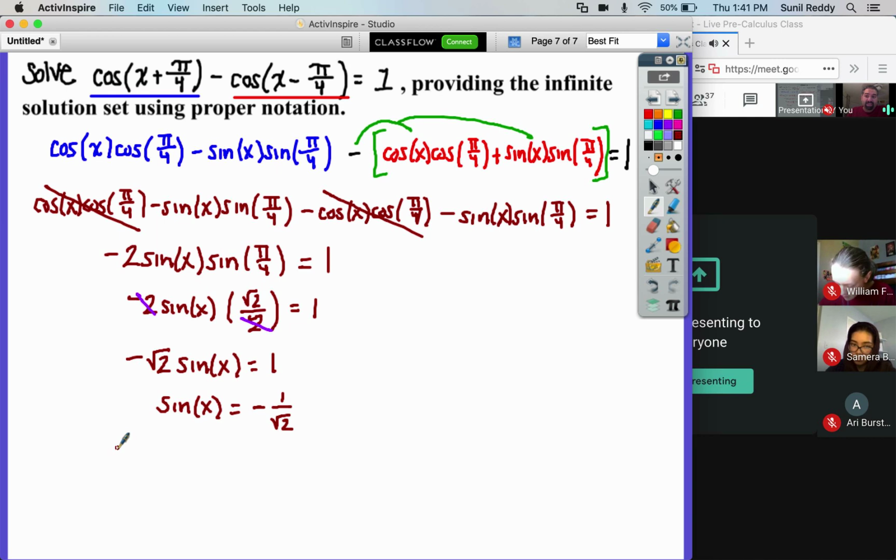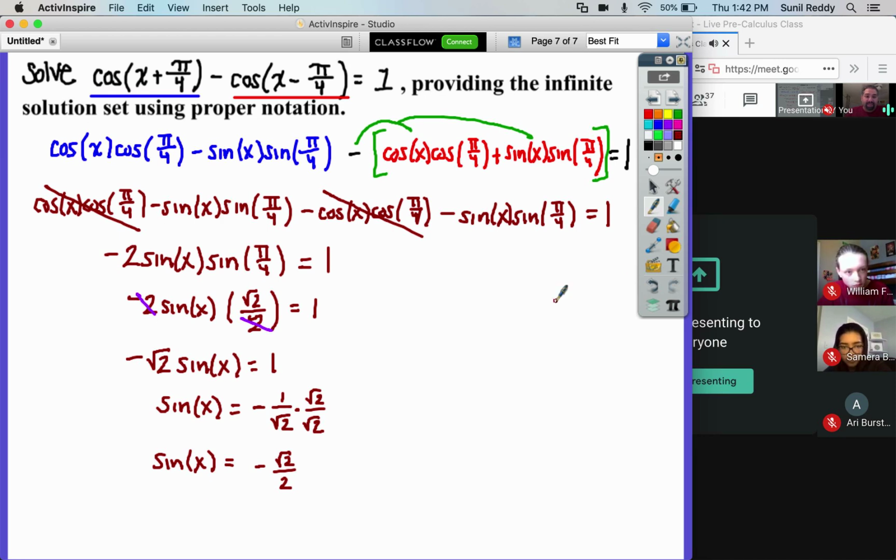And because our denominator has a radical, I would multiply top and bottom by that radical 2 to rationalize the denominator. And that gives us sine of x has to equal negative root 2 over 2, which is one of our special evaluations on the unit circle. So I feel pretty good about my math.